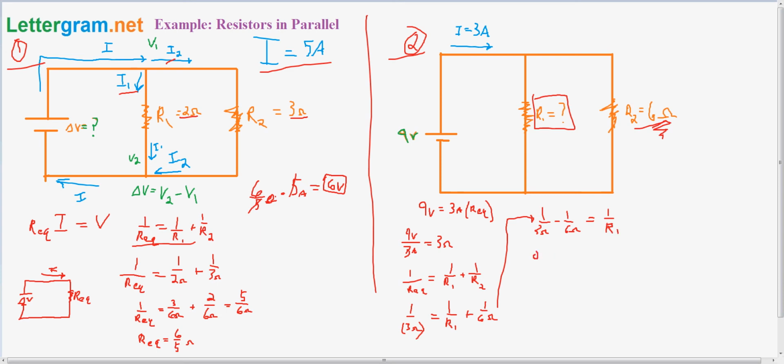Get the common denominator, so we have 2 over 6 ohms minus 1 over 6 ohms is equal to 1 over R1. So we have 1 over 6 ohms, which is equal to 1 over R1. Pretty simple, basic algebra, flip them, 6 ohms is equal to R1. So R1 is equal to 6 ohms.